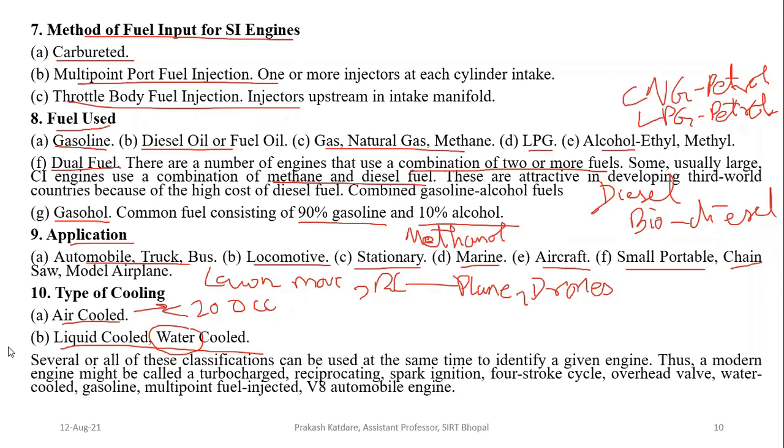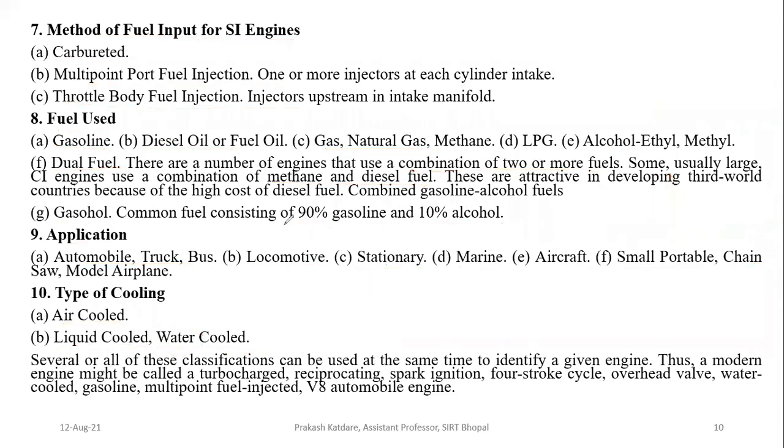So there are several types of classification which we are having, and we can say a single engine can be identified under a number of classifications. For example, if you talk about a modern IC engine, then this modern IC engine can be a turbocharged engine.